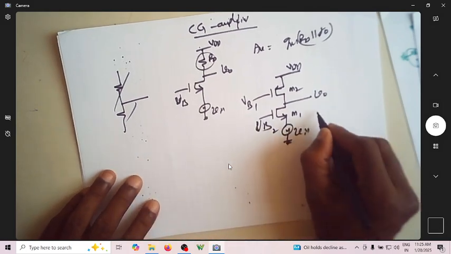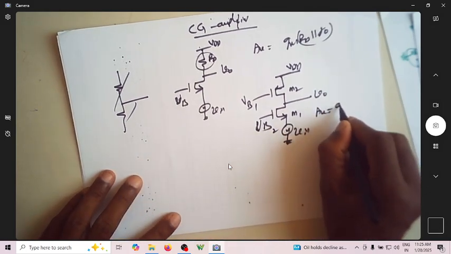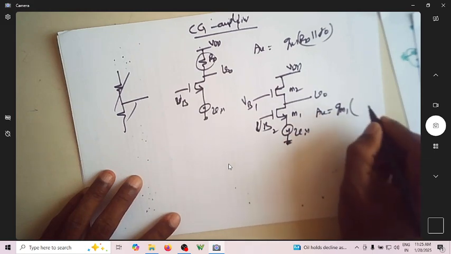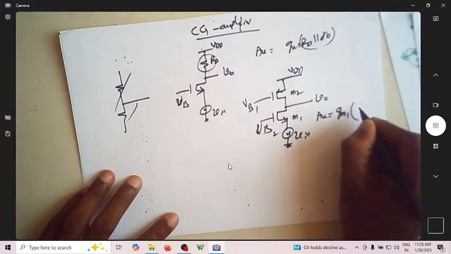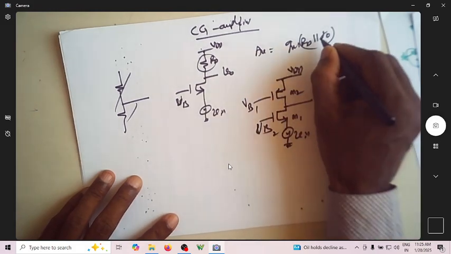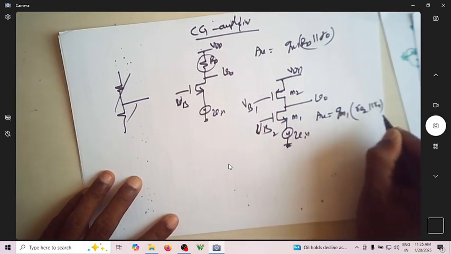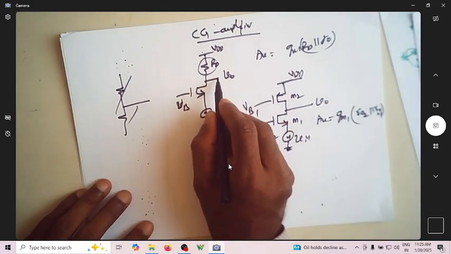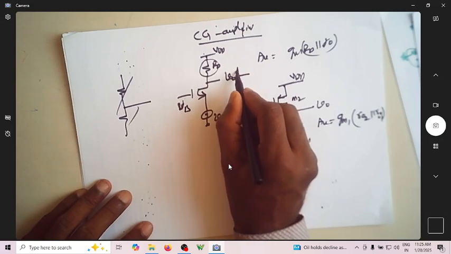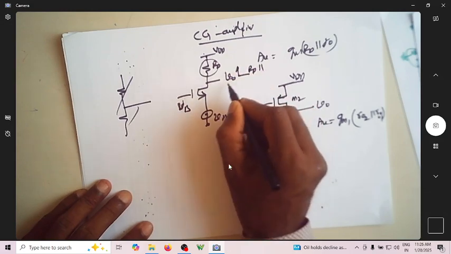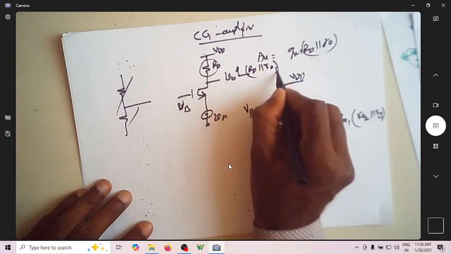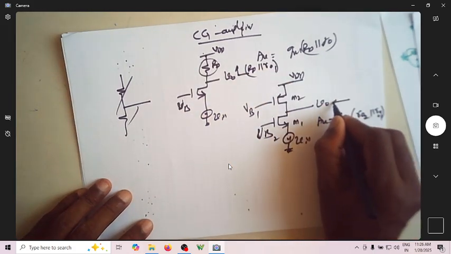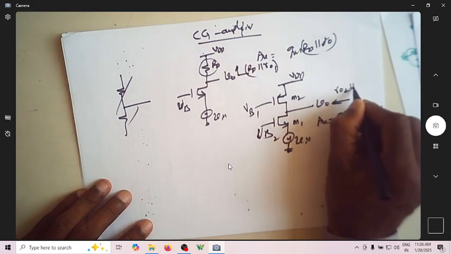So what is AV for this? AV for this is GM1 into, in place of RD you have R02, because this is R01 as it is. What was the output impedance here? The output impedance here was RD in parallel with R01. What is the output impedance here? The output impedance here is R02 in parallel with R01.